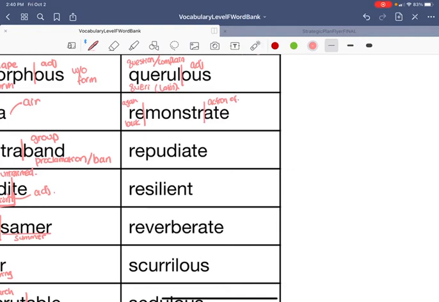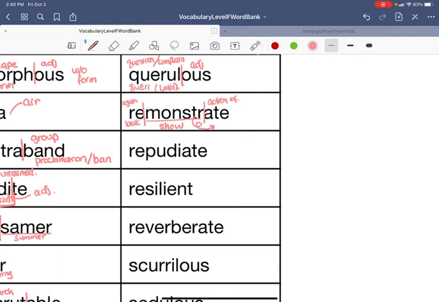I think this is a very interesting word because mostrar in Spanish means to show. And it's funny because even in Korean, the word to show is also used to show rebellion, right?